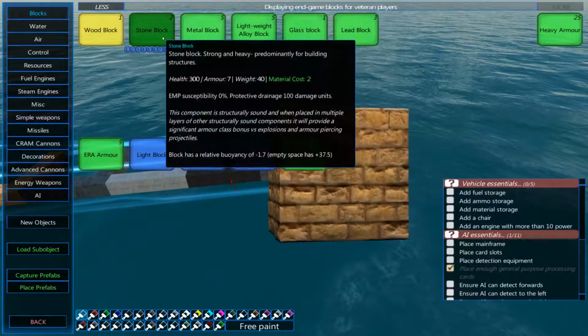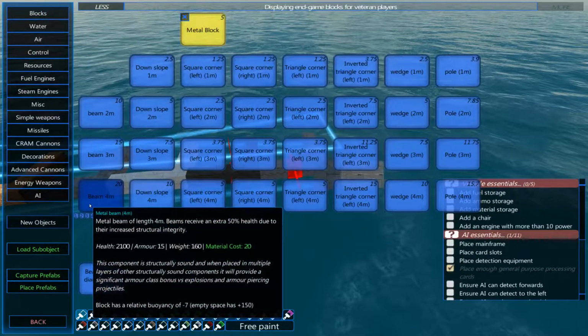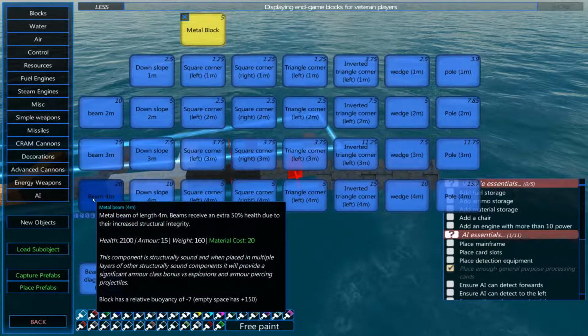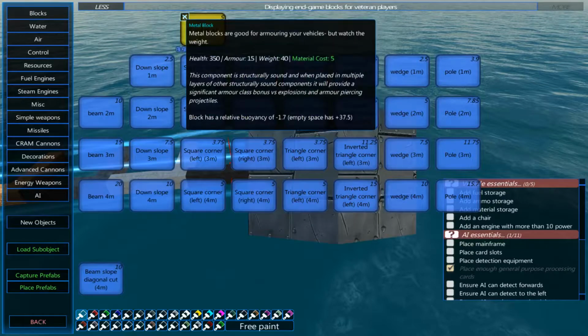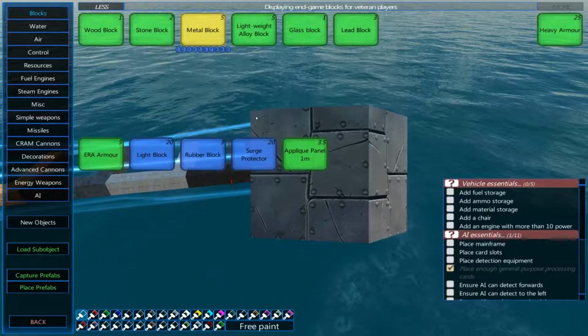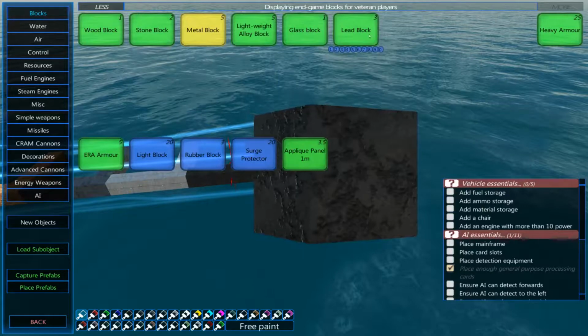There is a large advantage in doing so. See, metal 350, 2100. It's also just good design to do that.